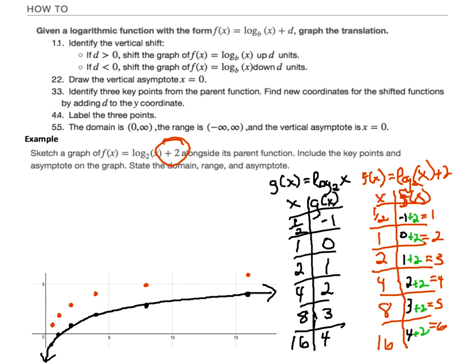And 16, 6. So I still have that vertical asymptote at the y-axis, so x equals 0.